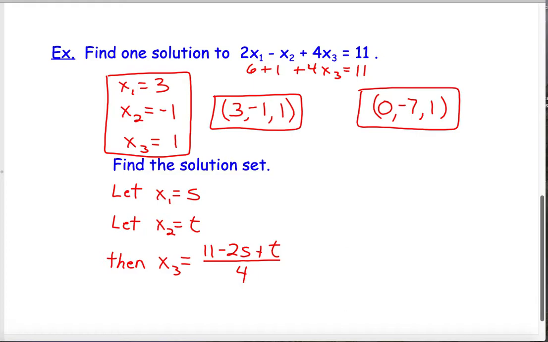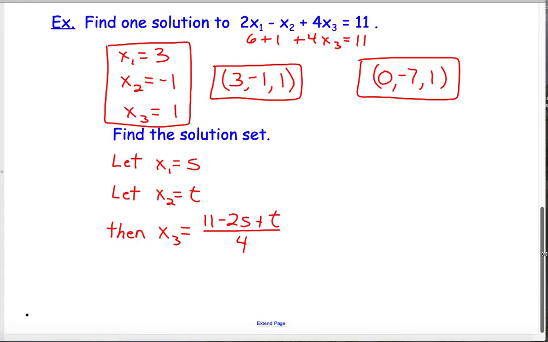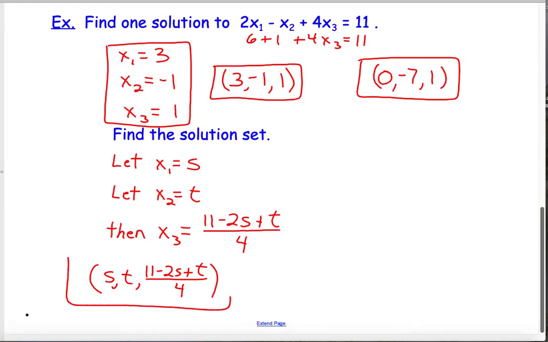So I could represent the solution set for this equation as s comma t comma (11 minus 2s plus t) over 4. Now you'll find in a linear algebra class, a professor might specifically say, I want you to assign s to this variable or t to this variable, or maybe even use other letters.